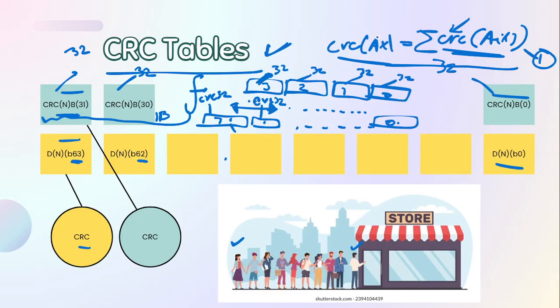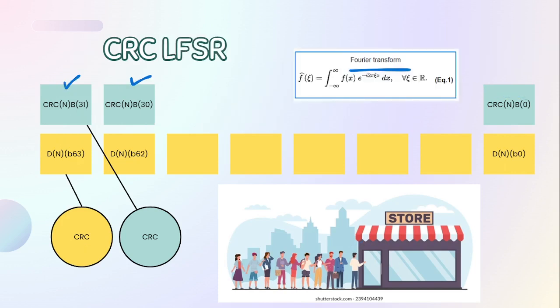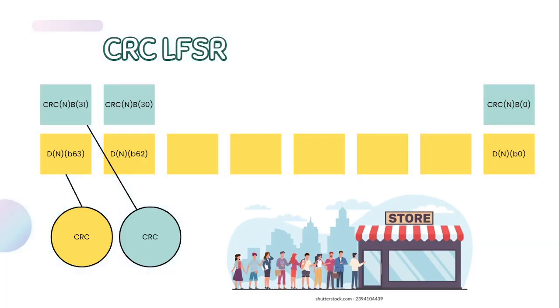This first equation, A of x, is a sum of parts. The whole is a sum of parts. So I just break it down into parts, and each part is seen in isolation, and a table evolves that. And that's how we get to the final CRC.